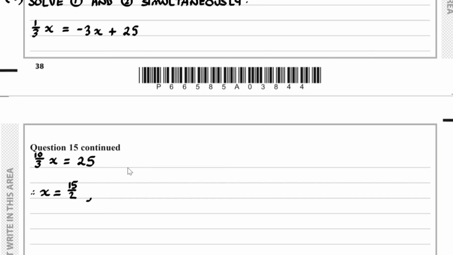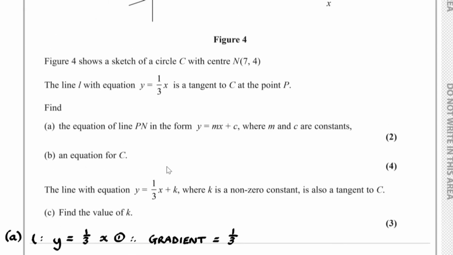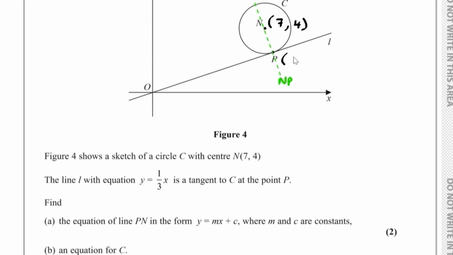And if I multiply this by a third, the corresponding y coordinate is equal to 5 over 2. So we've got the coordinates of P, 15 over 2, and for the y coordinate we've got 5/2.